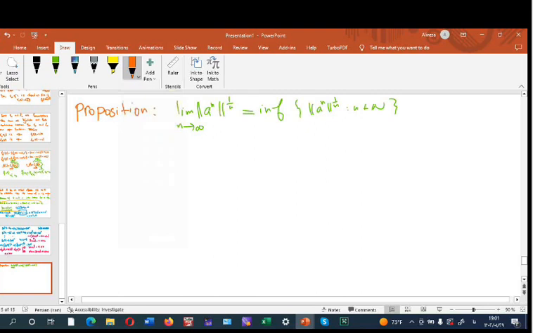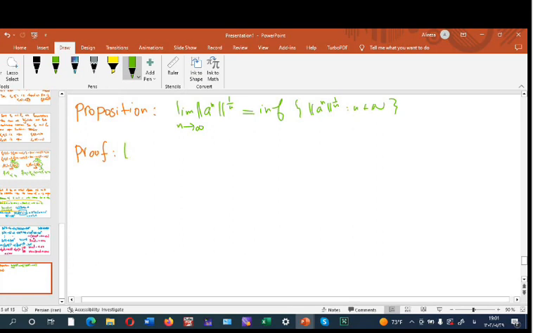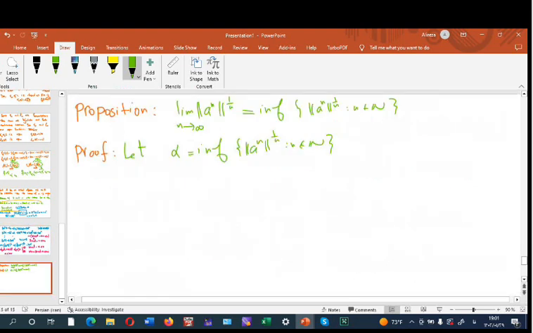For its proof, let's consider alpha equal to the infimum of this set. Okay, this is our set A, for example.